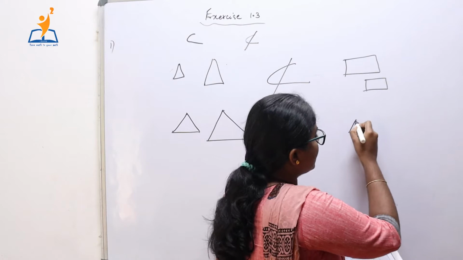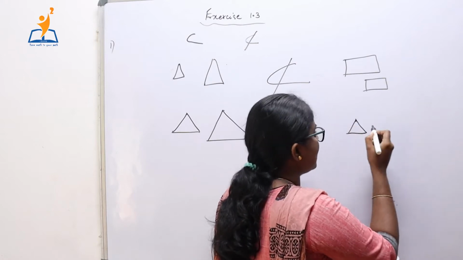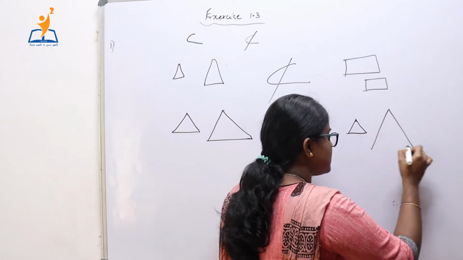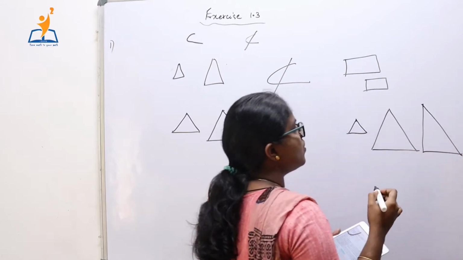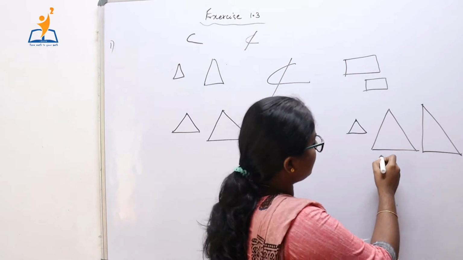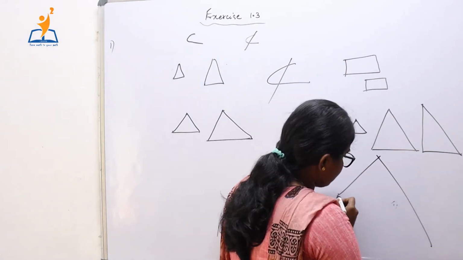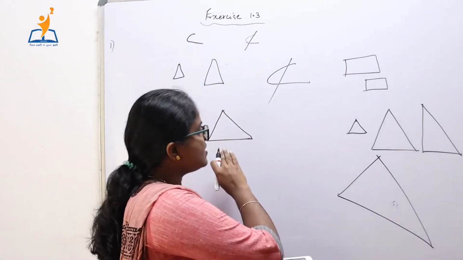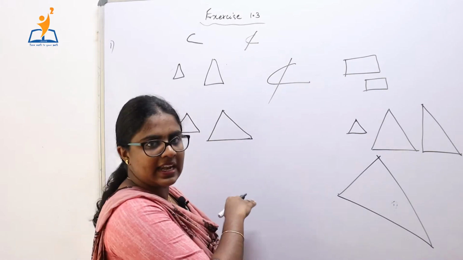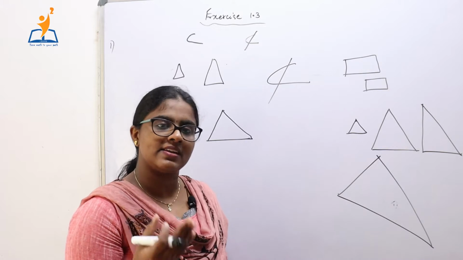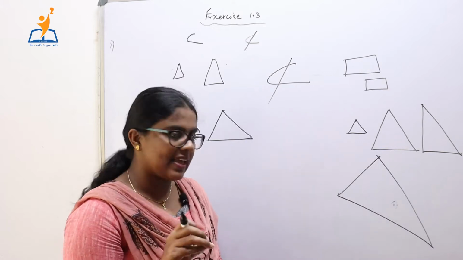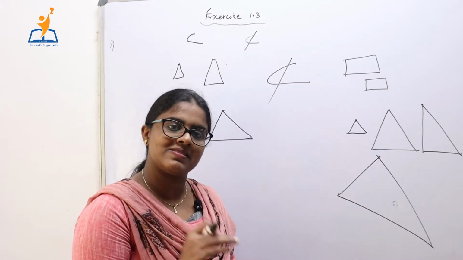Here we have all triangles, that is, equilateral triangles, isosceles triangles, right angled triangles, and scalene triangles. So on this side we only have equilateral triangles, but on this side we have all the triangles in the plane, including scalene, isosceles and equilateral triangles.